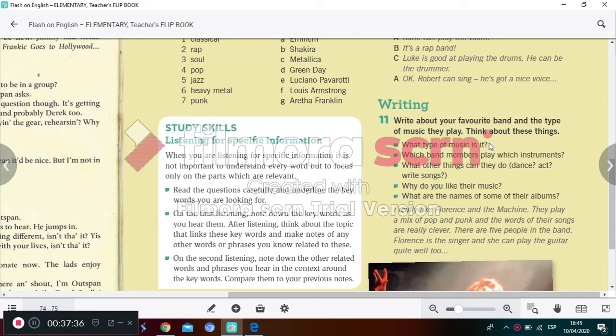For example, I want to talk about Grupo 5. What type of music do they play? They play Latin music, so I write, I really like Grupo 5. They play Latin music named Cumbia. Perfect. Which members play which instrument?